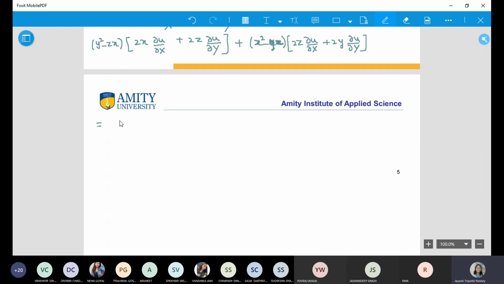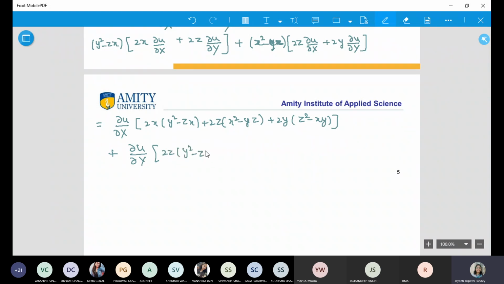So what will you get now? Everything will be cancelled. You are getting 2x times y square minus zx plus 2z times x square minus yz plus 2y times z square minus xy. This is the first term, and for del u by del capital Y, 2z times y square minus zx plus 2y times x square minus yz plus 2x times z square minus xy.